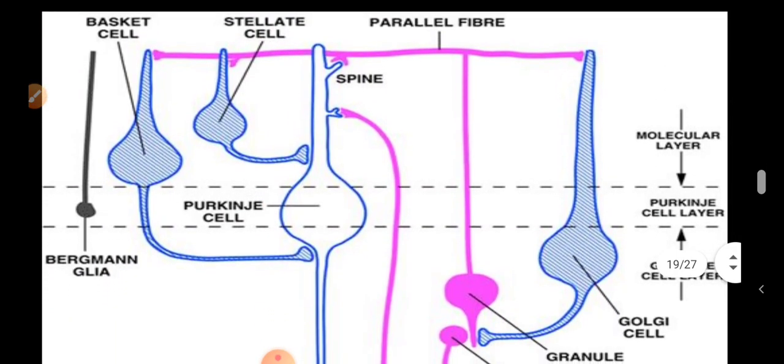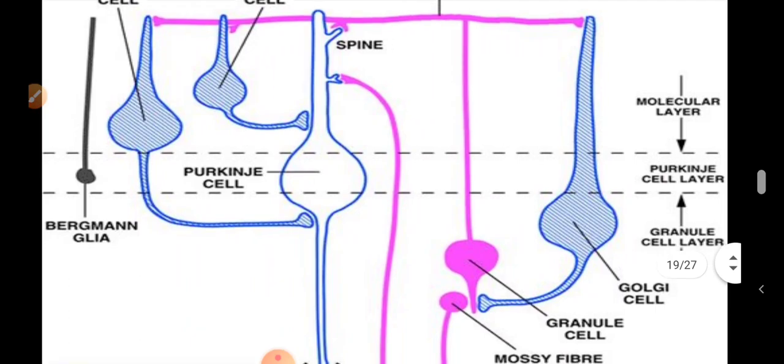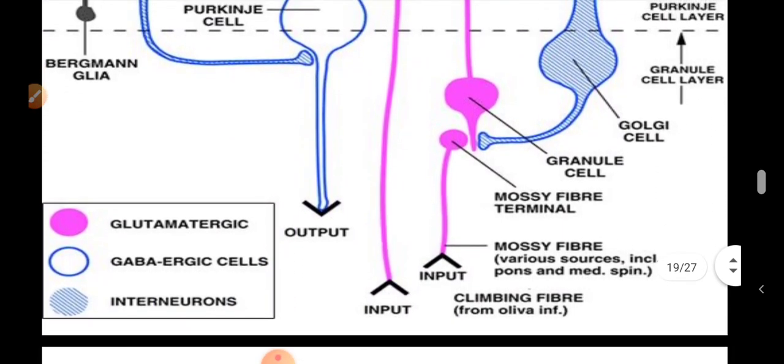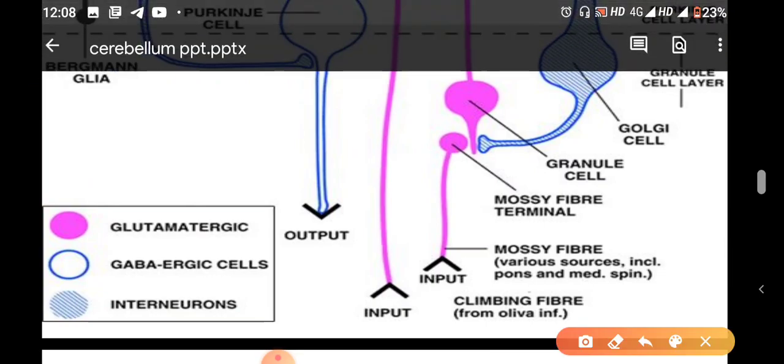So in this diagram you can see the climbing fibers from the inferior olivary nucleus. So the input is from the inferior olivary nucleus, and the mossy fibers are the axons of the spinocerebellum, reticulocerebellum, vestibulocerebellum and cuneocerebellum.